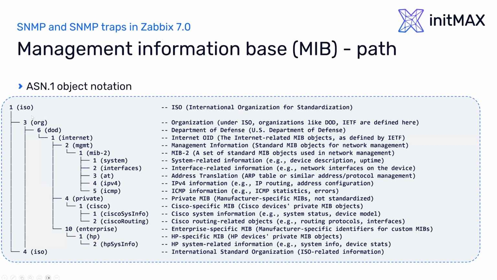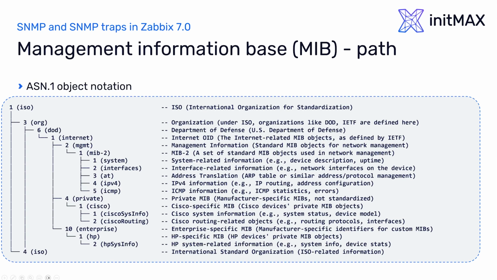So 1361 to management, MIB, system, private, Cisco, enterprise, HP, and so on, with the explanation of what each OID index, each box actually gives us, like system related information, as example, device description or uptime. Interfaces, as I mentioned, interface related information, example, network interfaces on the device.